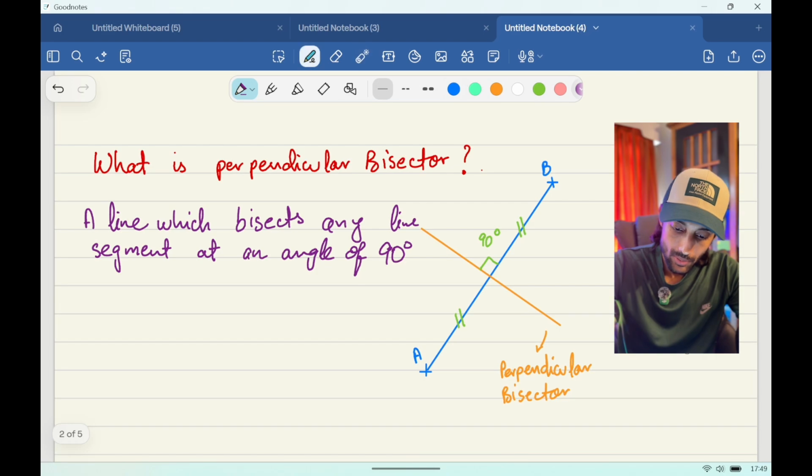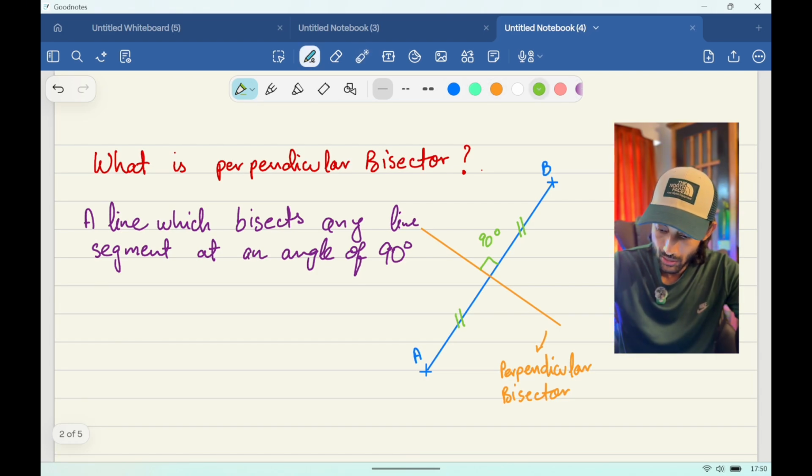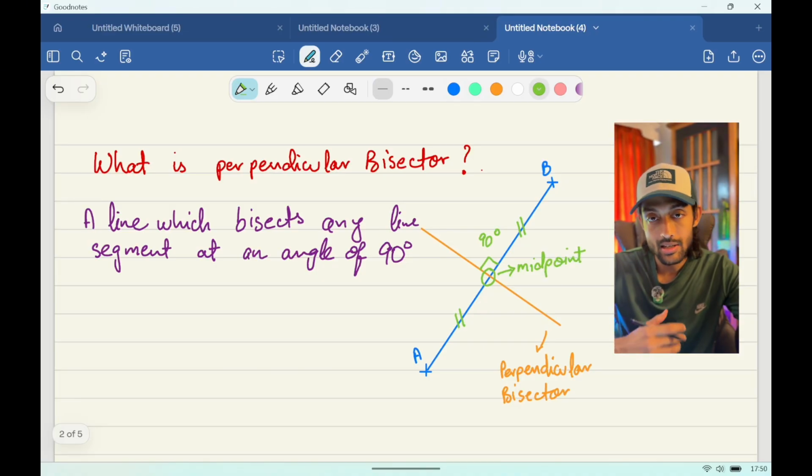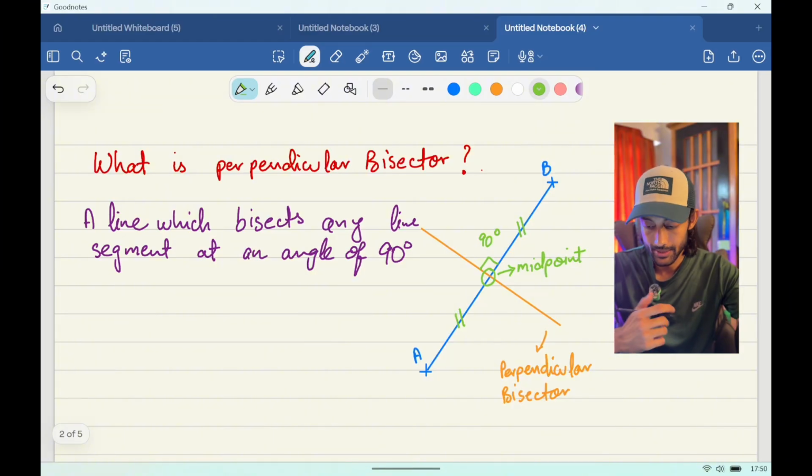So the key concept over here is really simple. As we can see, this orange line is bisecting the blue line, so obviously there should be a midpoint over here. This is the midpoint that you need to first find out, and this is our very first starting point.